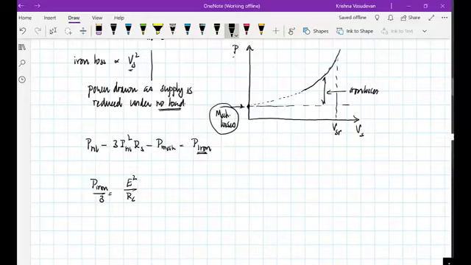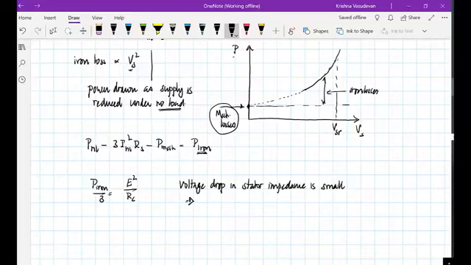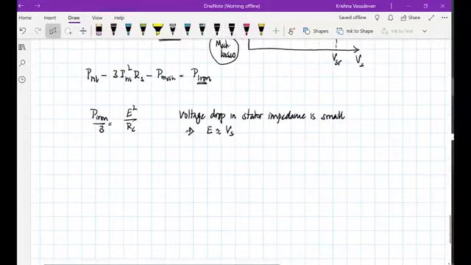But usually voltage drop in stator impedance is small, and hence one can make an assumption that E is approximately equal to V, the supply voltage itself.